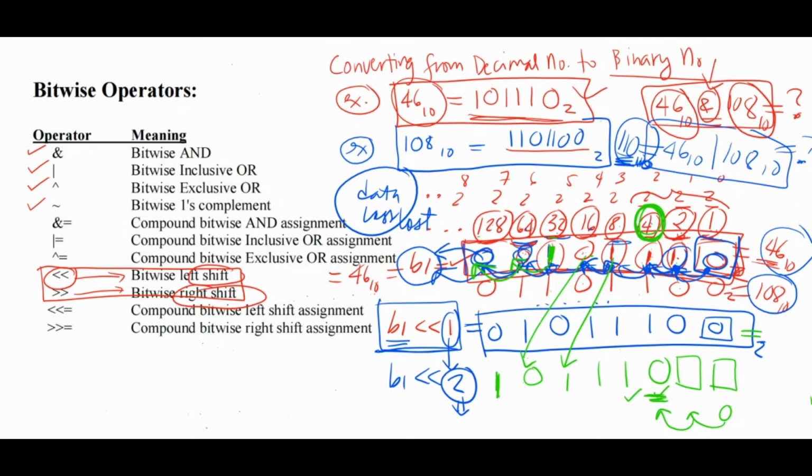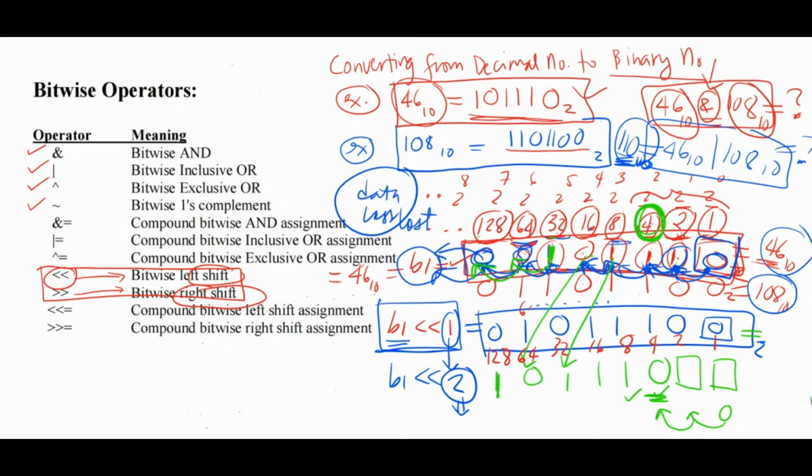So converting this to decimal value, first B1 shift left 1, this is bit position integer value 1, 2, 4, 8, 16, 32, 64, and 128.